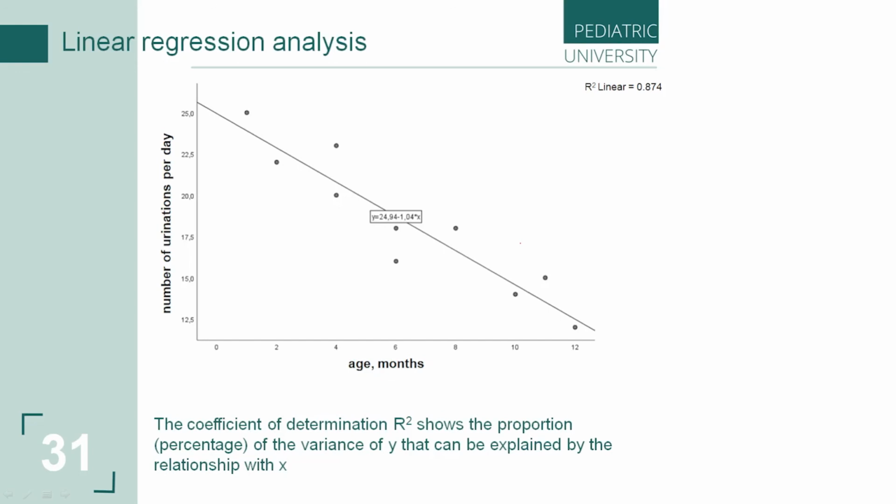But there may be cases where we don't have one variable, but several. For example, the number of urinations per day can depend not only on age, but also on the amount of water drunk per day. Then it turns out that there is not one x, but x1 and x2. This will be called multiple regression.